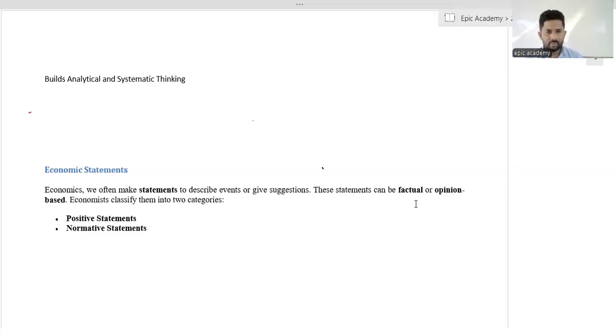the concept of economics. Basically, we can identify two types of economic concepts or economic statements. First one is positive statements. Second one is normative statements. Okay. Both positive and normative statements are used to identify the components, behavior, and concepts of the economy. Okay.